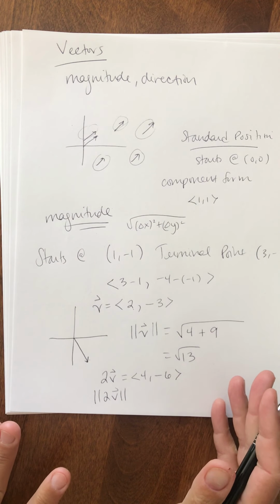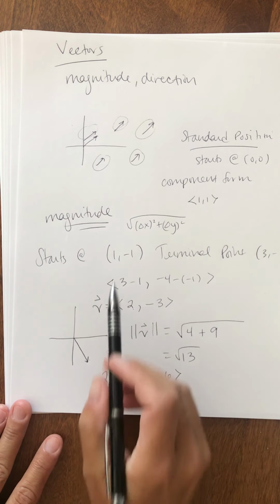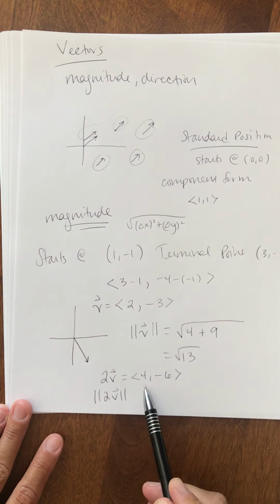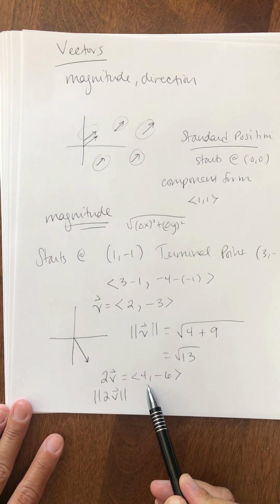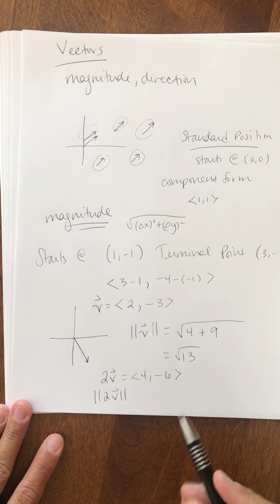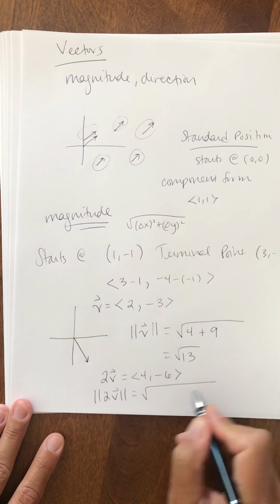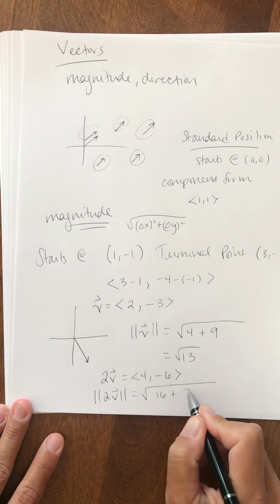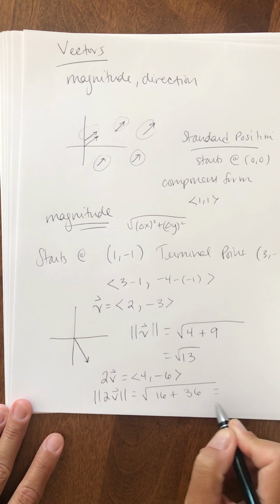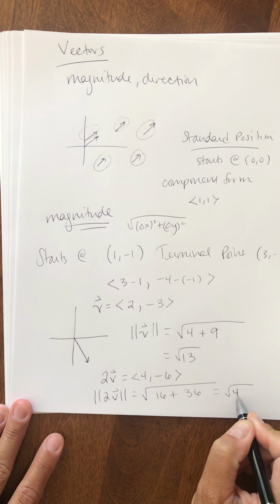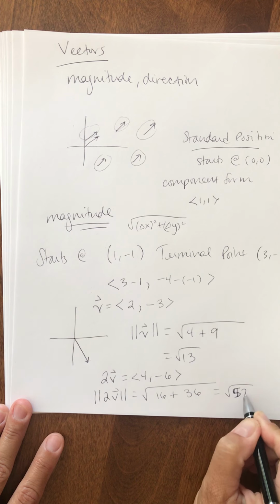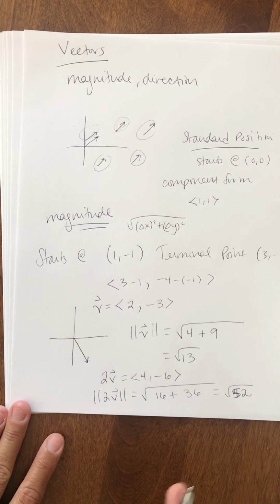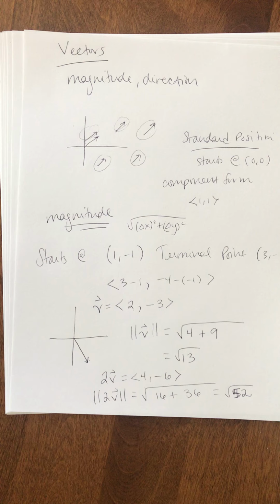And because a vector has both magnitude and direction, although these vectors point in the same direction, they're going to have different magnitudes. This is going to be rad 16 plus 36, which is rad 52. Would I reduce that? Absolutely not. So again, scalars operate on vectors. They also change the vector.